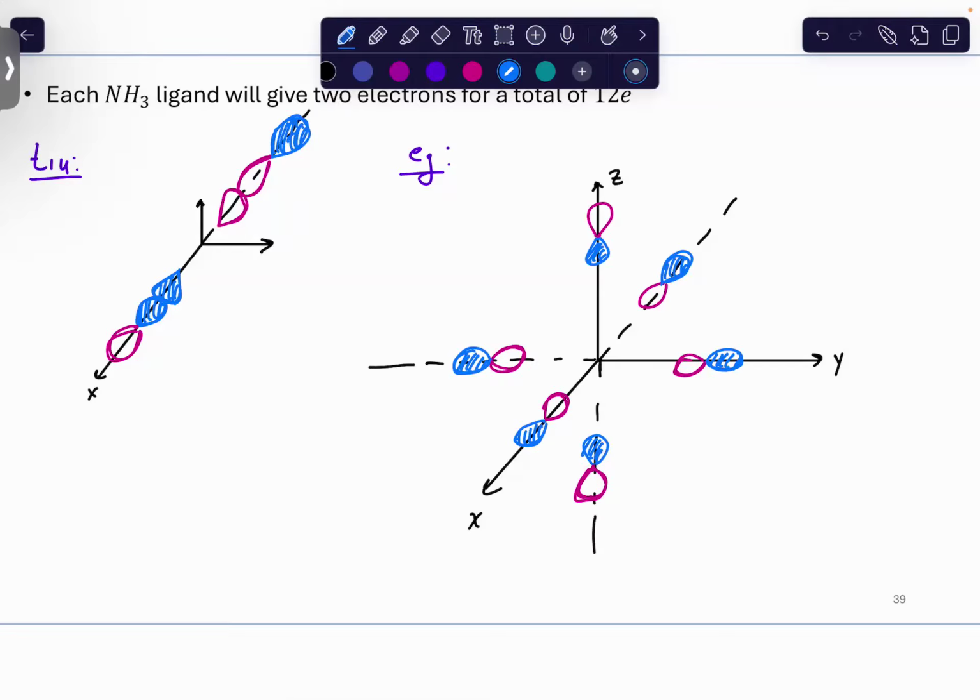And that's going to line up with the DZ squared metal orbitals. And do you have to draw them flat like that? No, you really don't. I just try to make them look different so you know that one's a ligand group and one's from the metal.